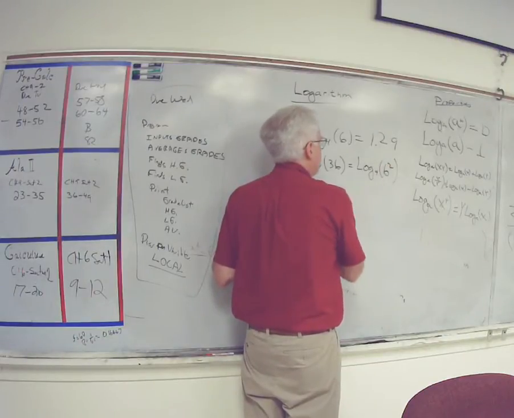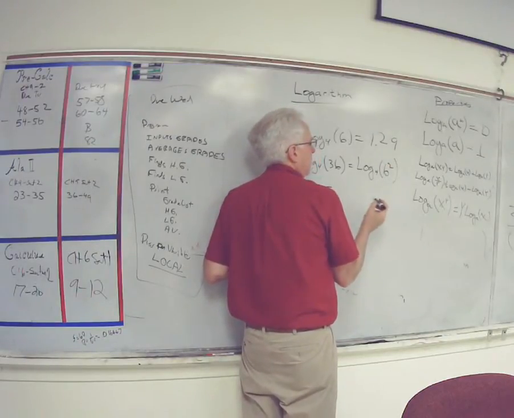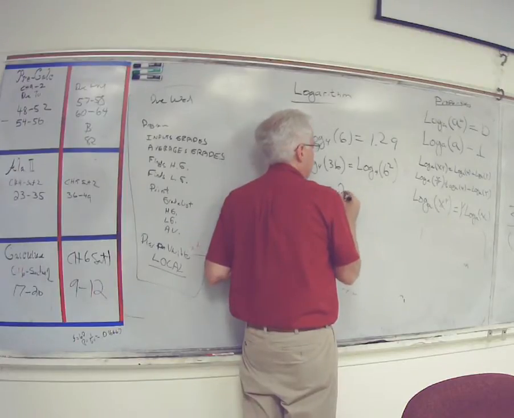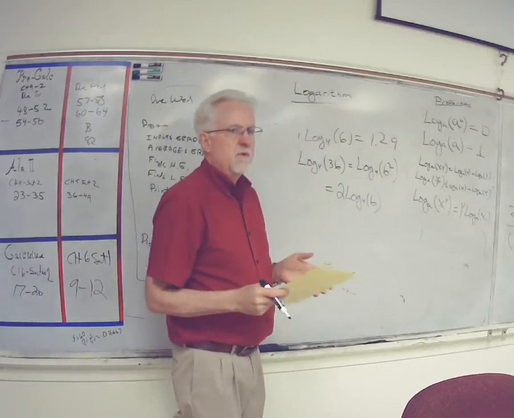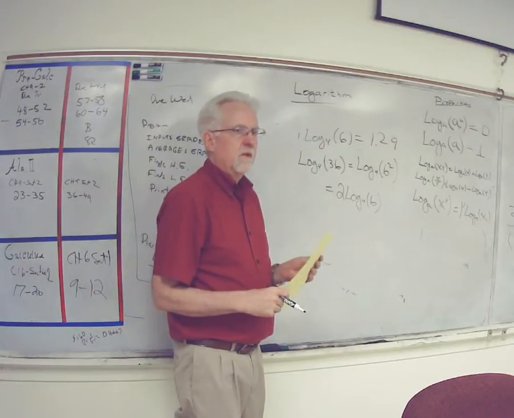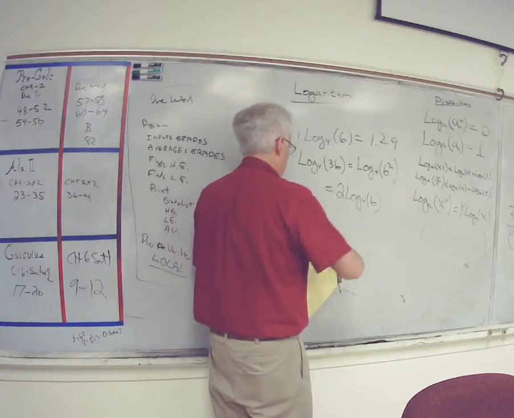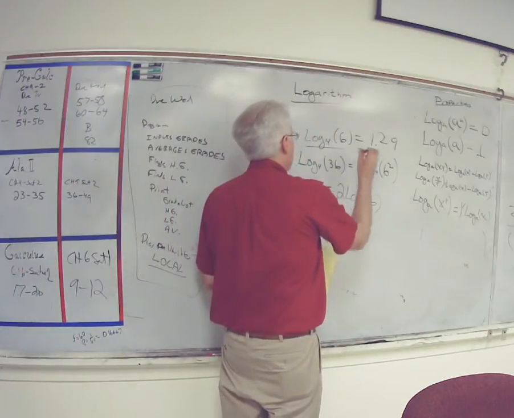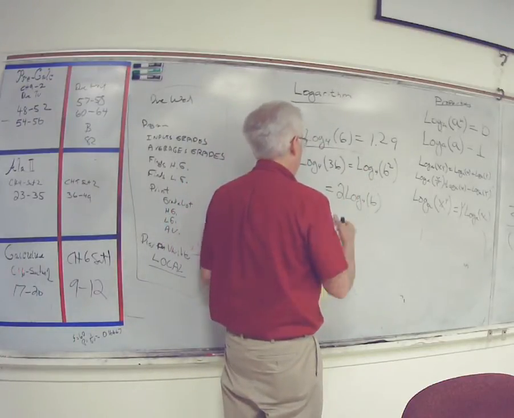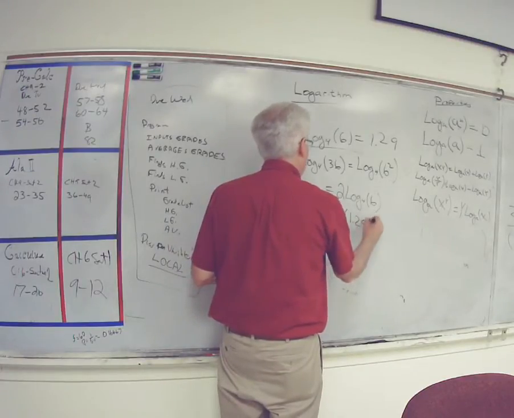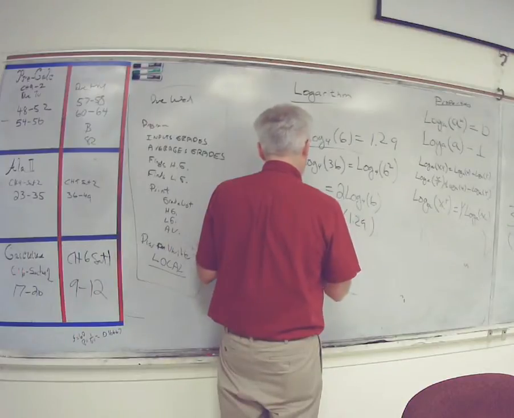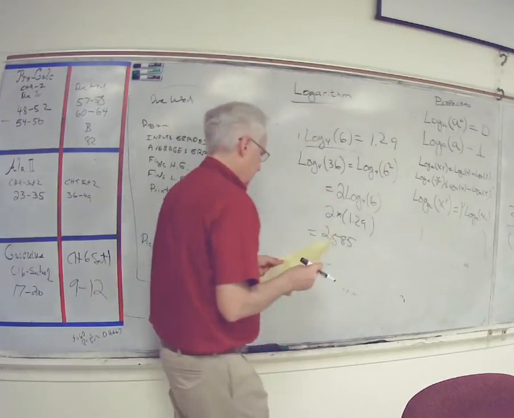Okay, now tell me what you could do. I would log 2. Okay, so it's 2 log 4 of 6. Now what would you do? I would put down 2 times 1.29. Yeah, because you know that one. 2 times 1.29 is equal to 2.58. Does that make sense?